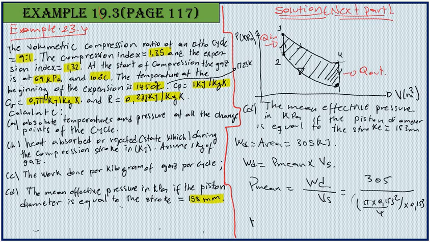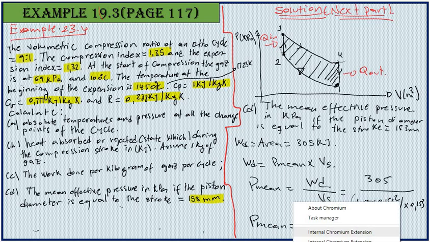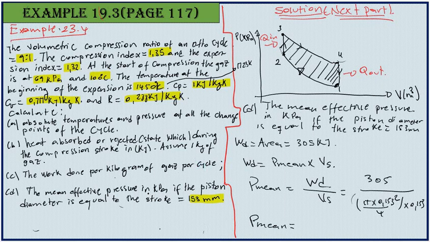If we work this out, we get the value of the mean pressure. So the mean pressure is 221 kilopascal.